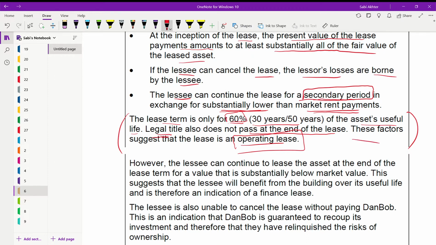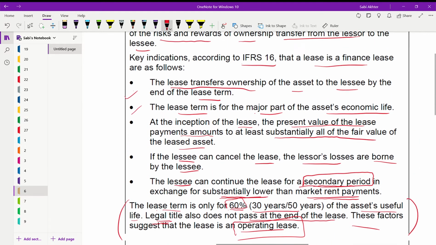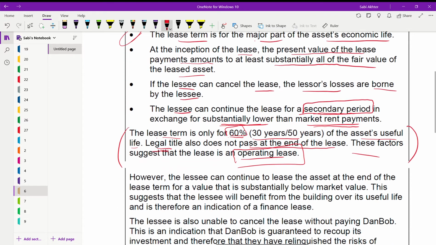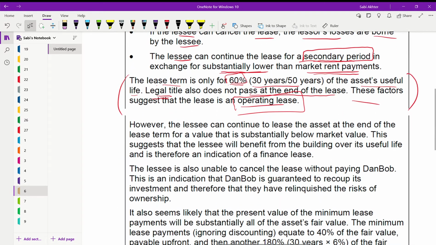So these two factors suggest that this is an operating lease. Out of the list, they took the second one, that's 60%, and the next one is the legal title. So the first two points they have used and told it's an operating lease. Because if the legal title does not pass and the majority of the useful life is not covered by the lease term, then it is an operating lease.